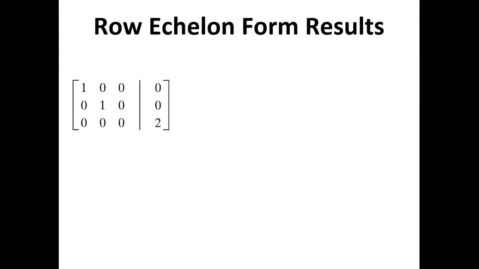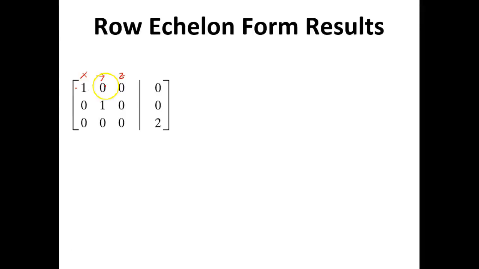Let's take a look at another one here. This example right here is row echelon form, so we have 1, 1, here's a 0, but that's okay because below the 1s we have zeros. These are x, y, and z's.